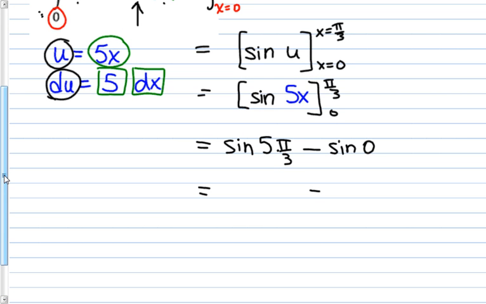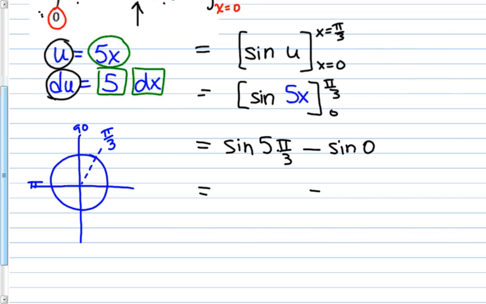Here's my unit circle. Okay, so pi over 3 is right here. It's 60 degrees. I need 5 pi over 3. So 5 times 60, if you want to look at it that way, 300 degrees. So, this is 90, or pi over 2. And then this is pi, or 180, right?